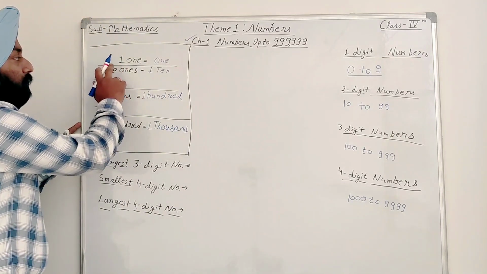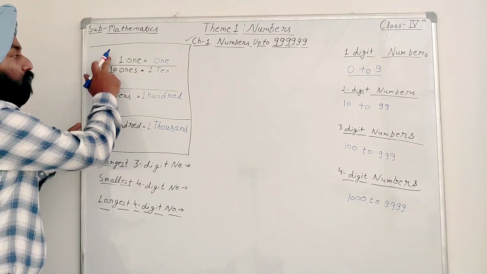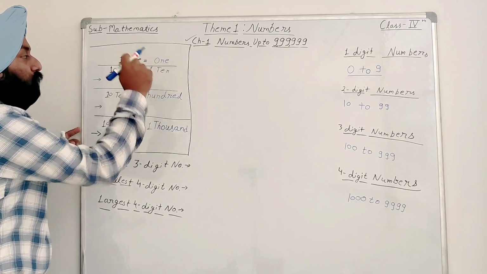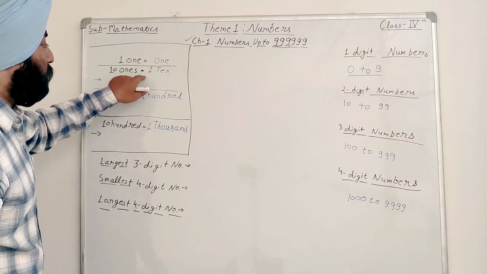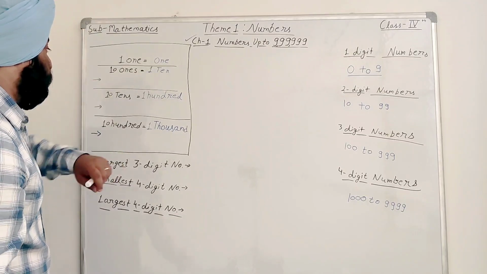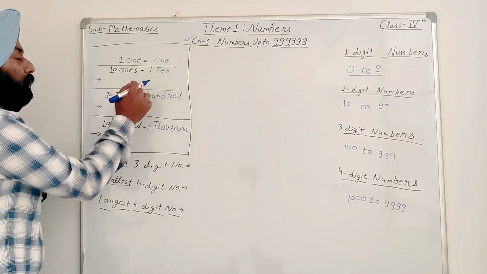So first thing that comes in our mind is 1 is equal to 1, but 10 ones is equal to 1 tens. How is it possible?